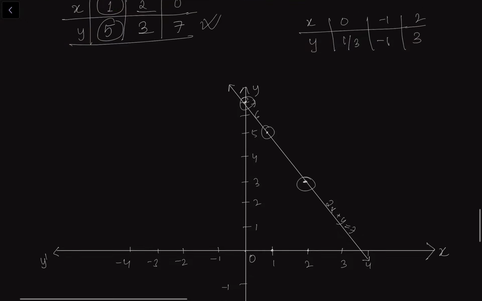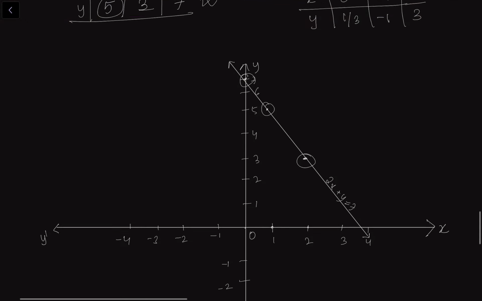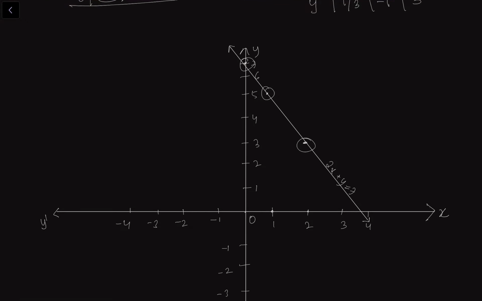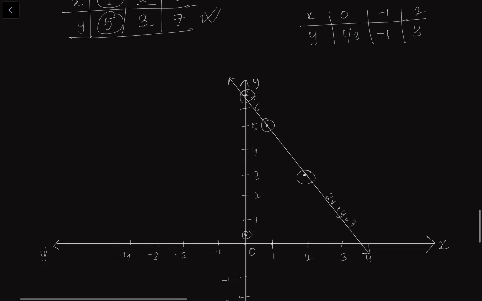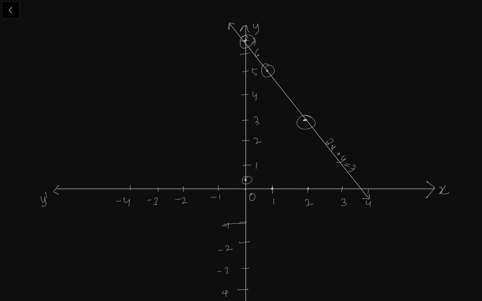Now let us do the other one. When x is 0, y is 1/3. So 1/3 is less than 1, so it will be 0.33, somewhere here, okay? Next one, when x is -1, y is also -1, so again somewhere here, not here, it will be exactly here.